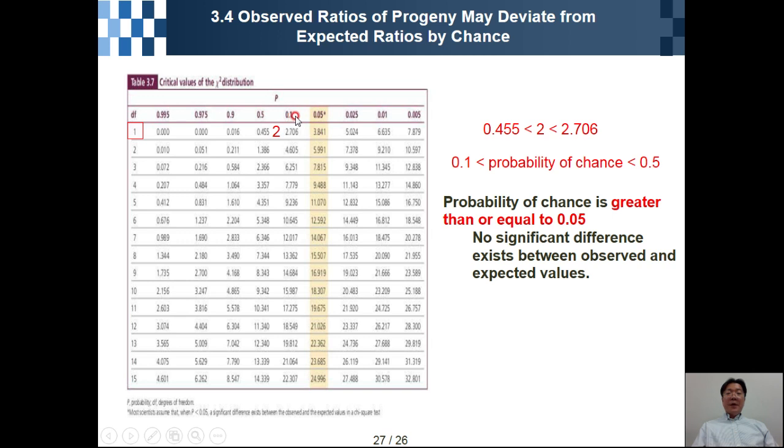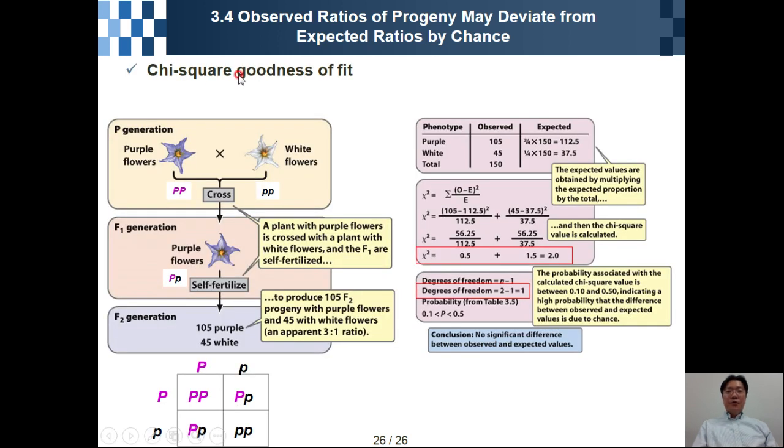This value is greater than 0.05. It means that there is no significant difference between the observed and expected value. So this is the procedure to calculate the chi-square goodness of fit.